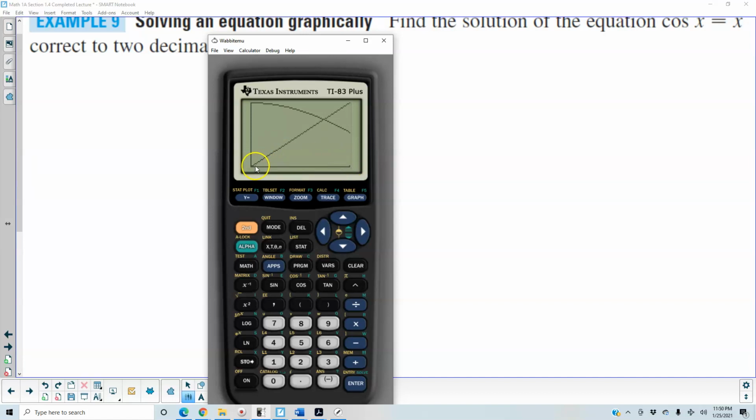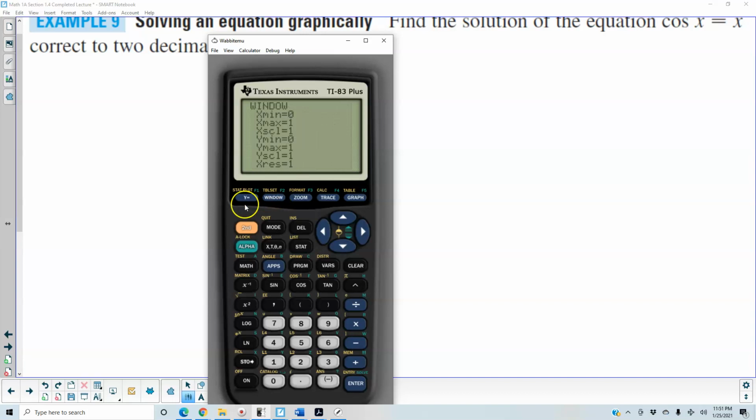Now, if you look here, the scale for x is 1. Even though we can trace to find out what that value is going to look like, we still want to get a clearer picture of the graph. So we want to change our increments.